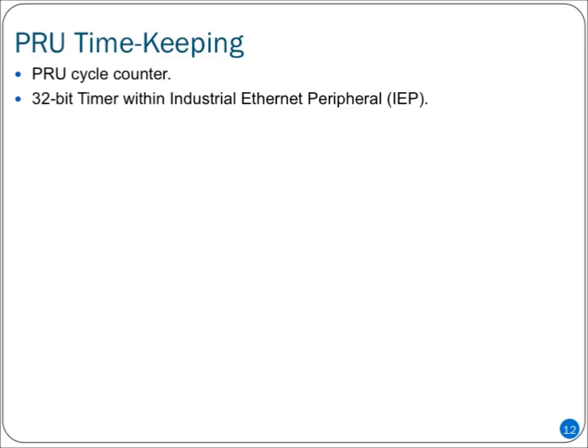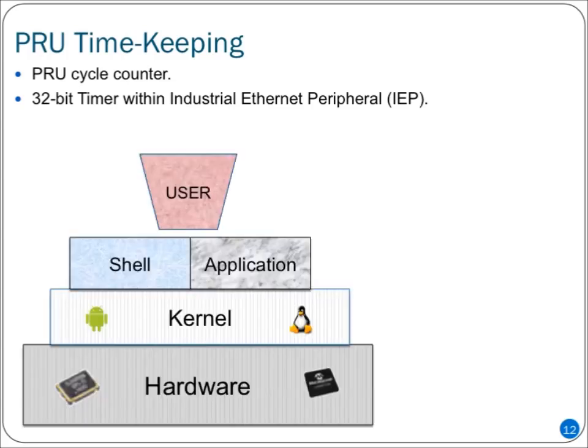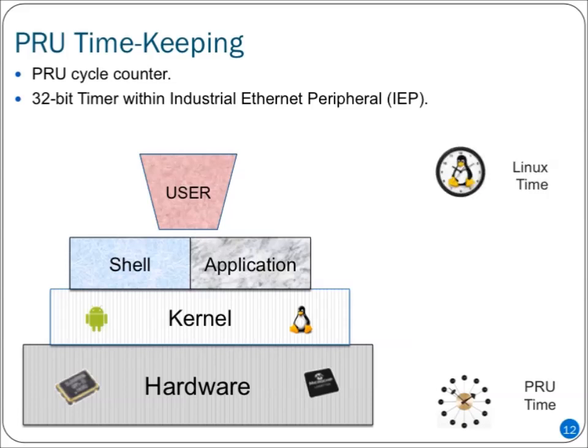So let's take a look at how PRU thinks about time. As I said, there is hardware, there is kernel, application, and there is user. The PRU sits on the hardware side, and the user is all the way up, seeing the Linux time, which Fatima described using get time, get resolution.